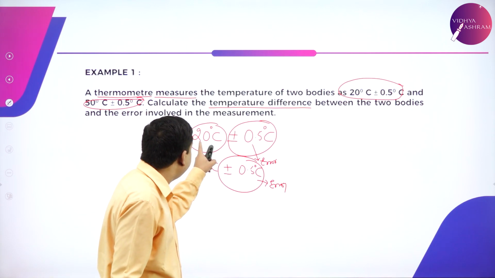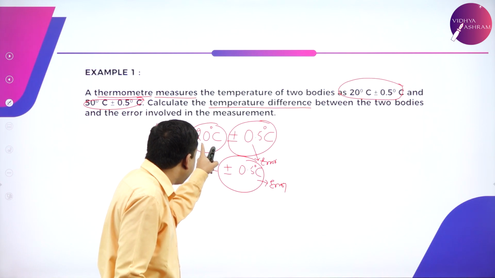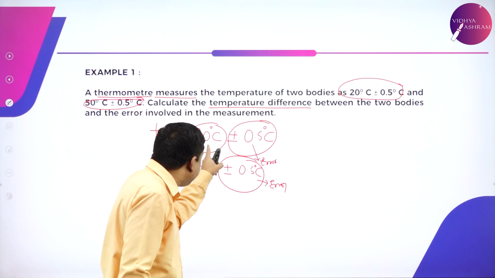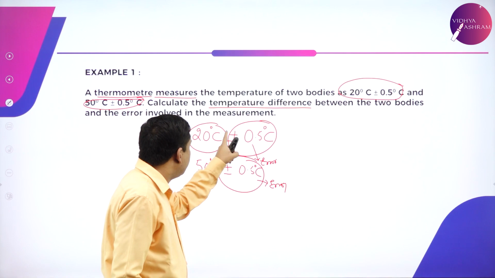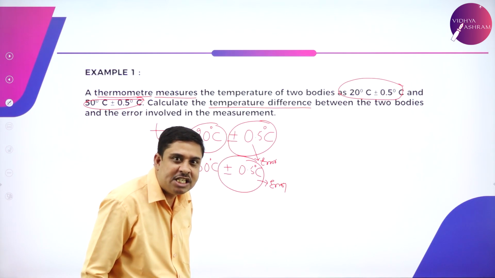So the temperature of the first body is measured as 20 degrees Celsius plus or minus 0.5 degrees Celsius.